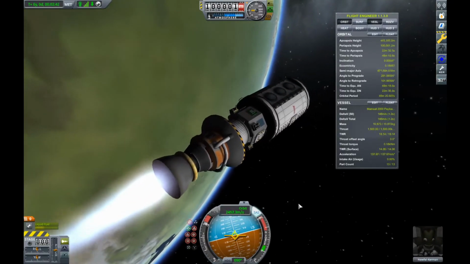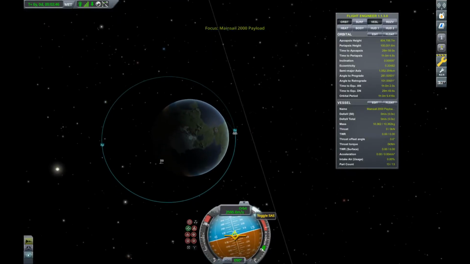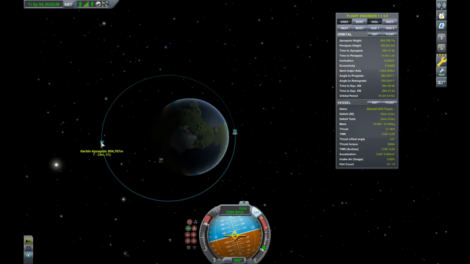Of course, it takes 2 seconds to burn through, and we look at our orbit, and that now has an apoapsis, a highest point, of 804 kilometers.